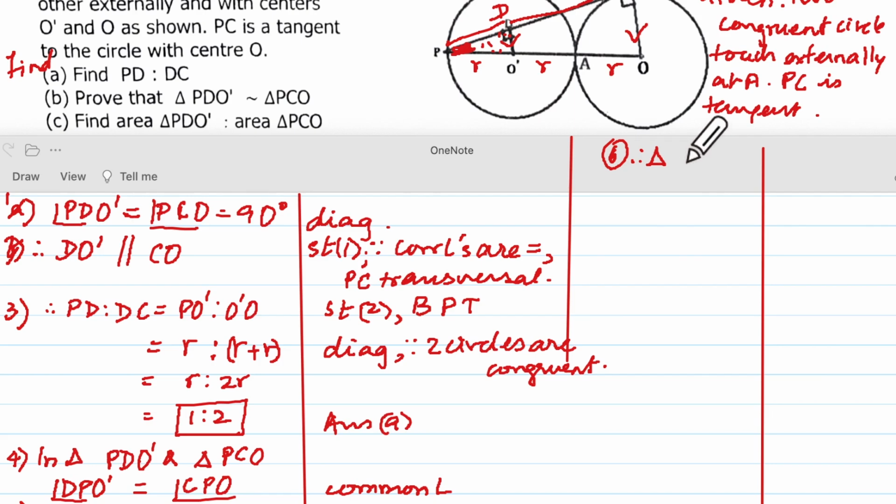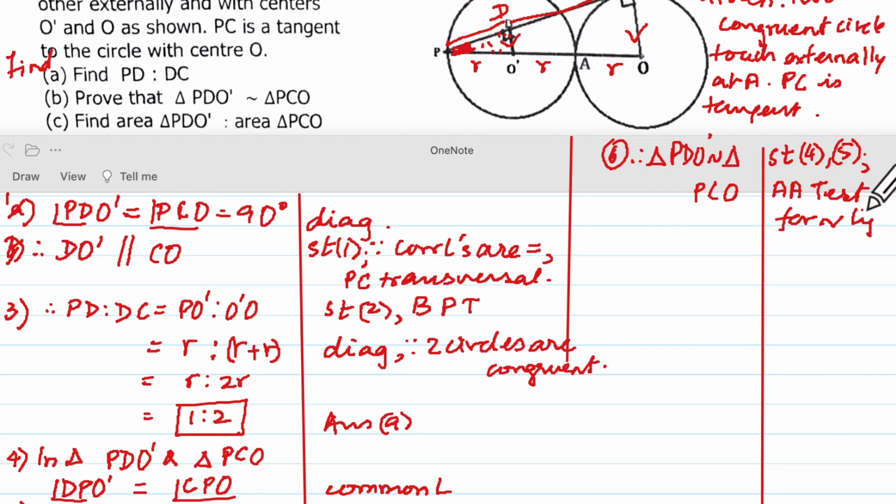Therefore, triangle PDO dash is similar to triangle PCO. This will be from which statements? 4 and 5 and AA test for similarity. Okay, and then we proved B. Correct or no? We finished with that.